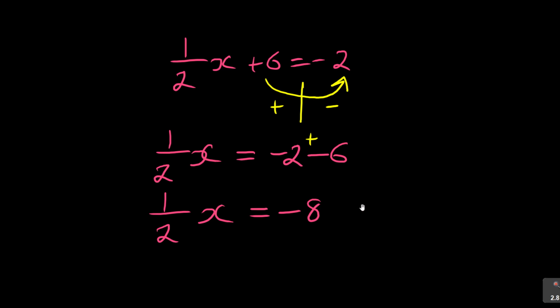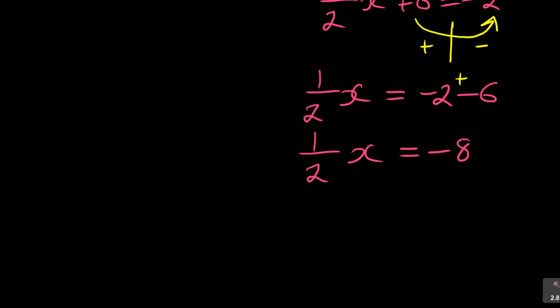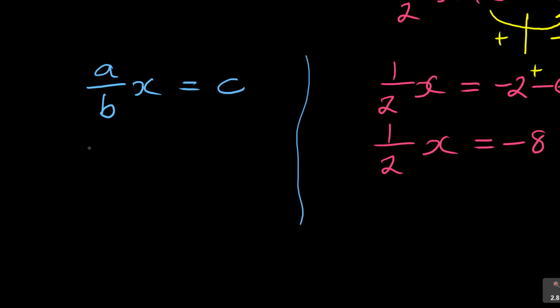Now, I want you to check what happens at this stage. Now, let me do this. If I say to you, pay attention now, if I say to you A over BX is equal to C, I just want to show you what to do next time.